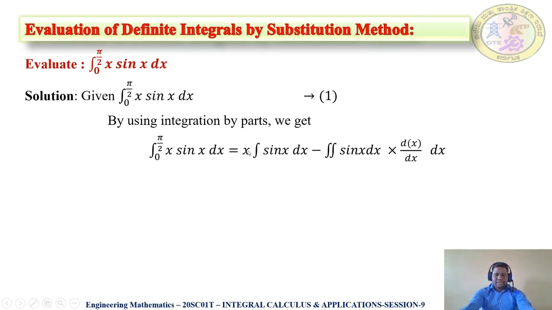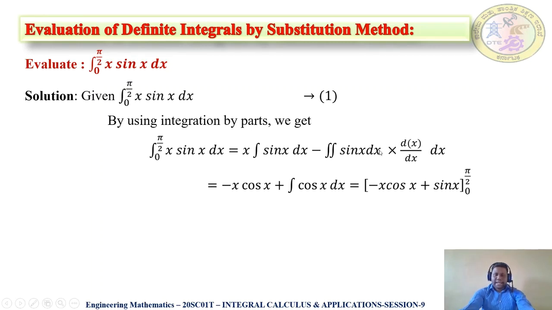So x is the first function, sin x is the second function. We get x into integration of sin x dx minus integration of sin x dx into differentiation of x with respect to x into dx. If you simplify, integration of sin x is minus cos x, so it becomes minus x cos x.